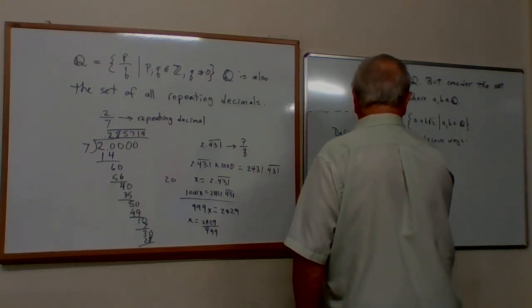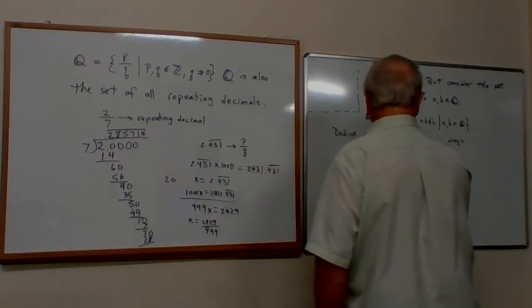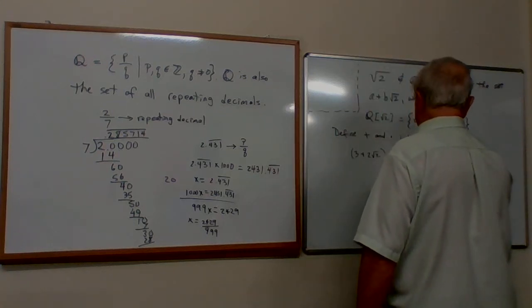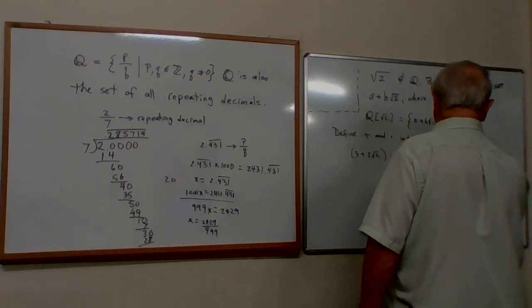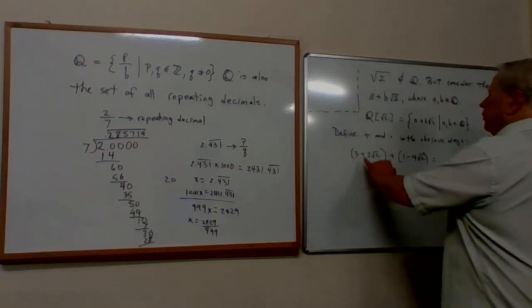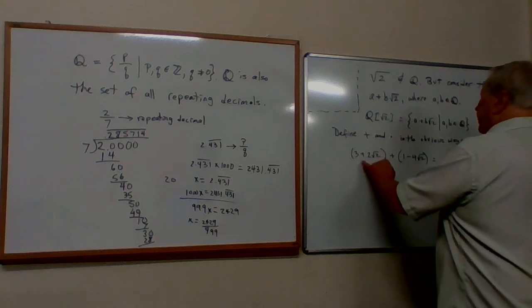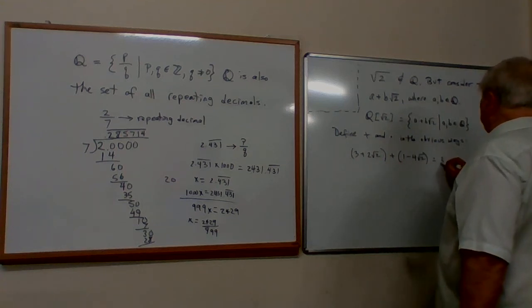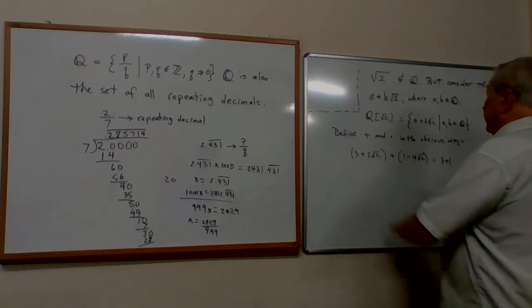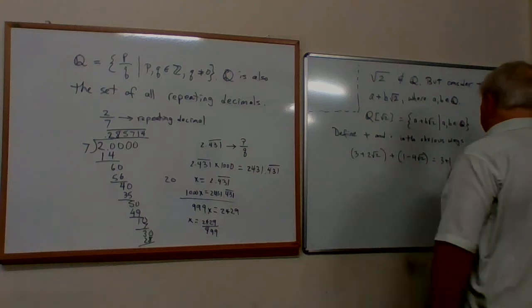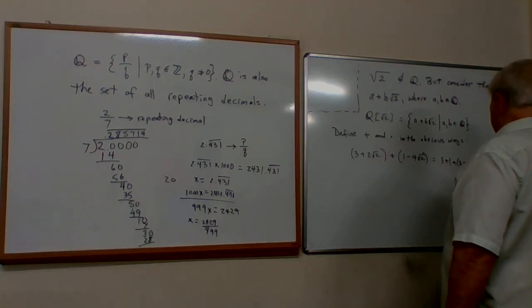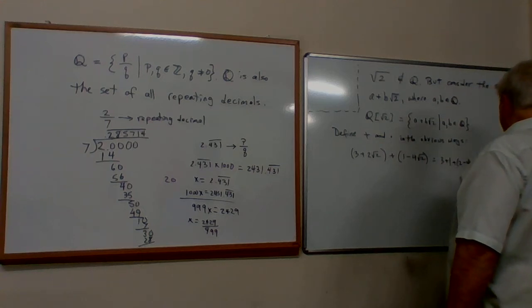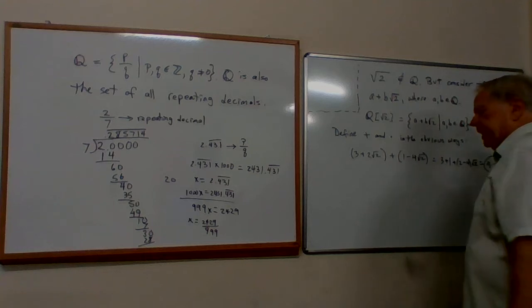3 plus 2 root 2, and I add that to 1 minus 4 root 2, then what I do is I take the rational parts first, that's 3 plus 1, and then I take the irrational parts, that's plus 2 minus 4 times root 2, and I get 4 minus 2 root 2 as the answer.